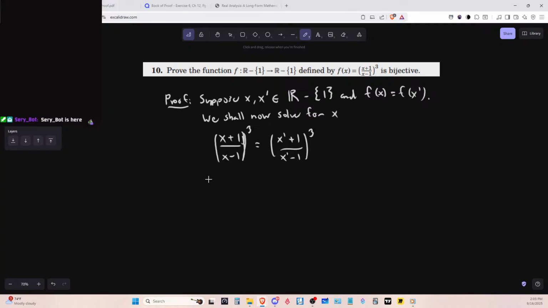So now we have to take the third power. I don't know why I was going to write a 2 there. Okay, 3.